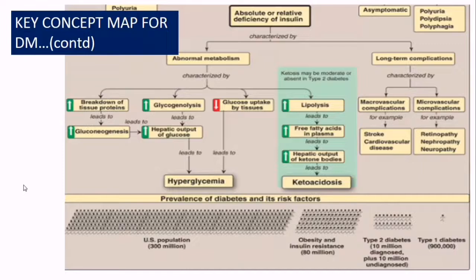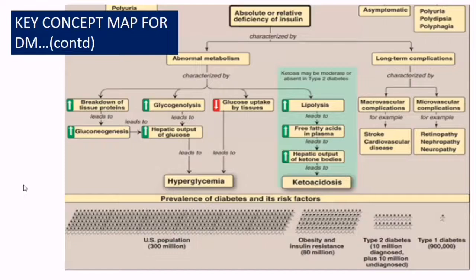Whenever there is absolute or relative deficiency of insulin, the metabolism will be abnormal. It will affect the breakdown of tissue proteins that leads to gluconeogenesis, which leads to increased hepatic output of glucose, and also glycogenolysis contributes to this hyperglycemia, and there is decreased glucose uptake by the tissues that leads to this hyperglycemia.